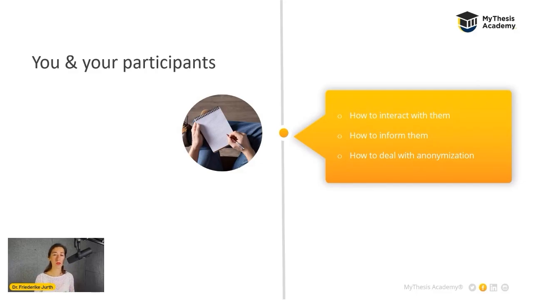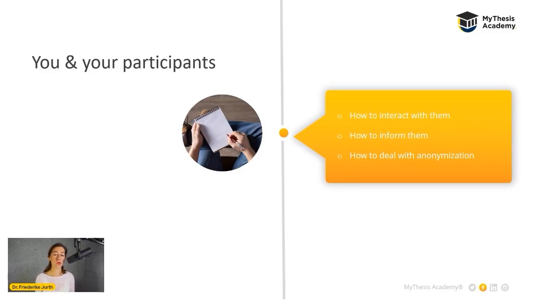To get a feeling and to be sensible of what is in their interest, it is important that you know exactly how to interact with them, also how to inform them, because the way of how to approach and how to inform them, and after all the question of how to formalize the relationship and the question of publication and of how to deal with the sources and even of the research participation is something that is very dependent on the context and which is treated a little bit differently depending on the culture that you are investigating.